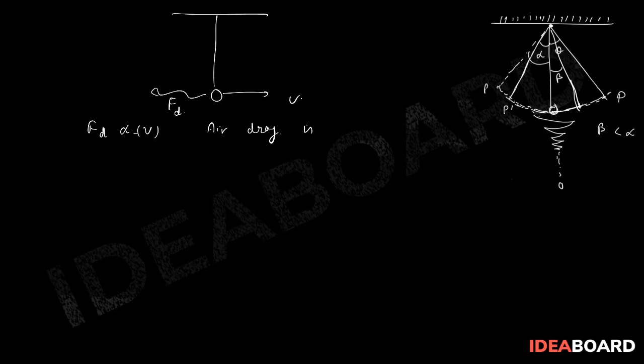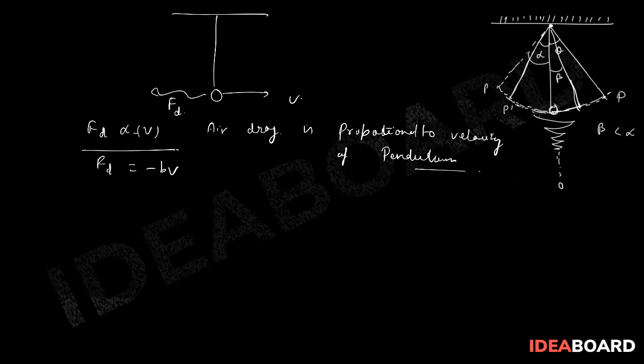So this air drag can be written as Fd, which is experimentally proportional to the velocity of the pendulum, in the opposite direction. That means Fd is equal to minus Bv, where B is the constant, which is the damping constant.